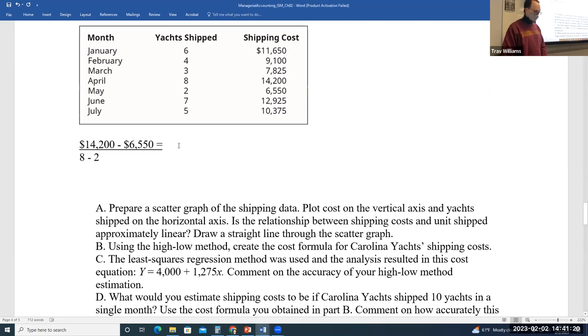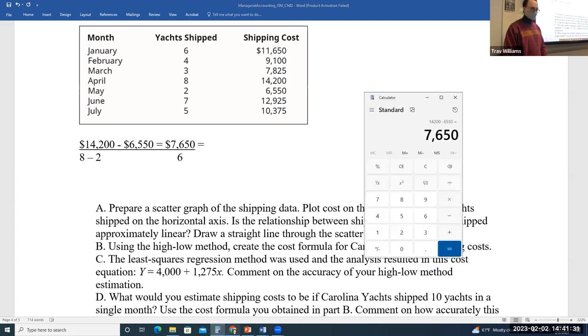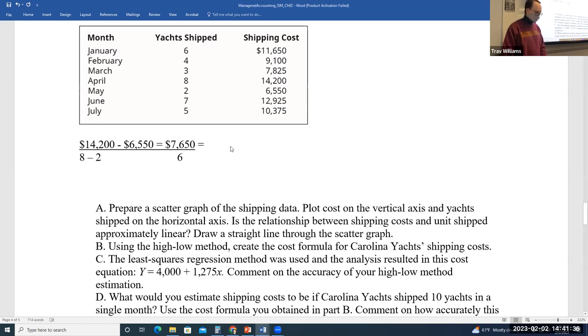We get 7,650 over 6. And that equals 1,275. What do we call that 1,275? That's our variable cost per unit, right?